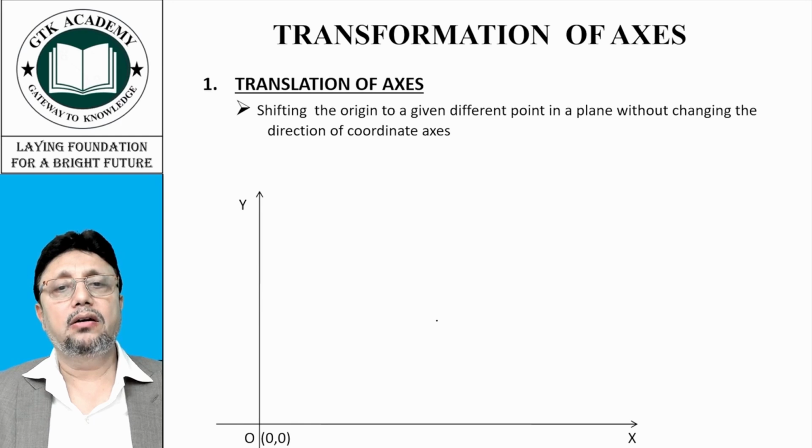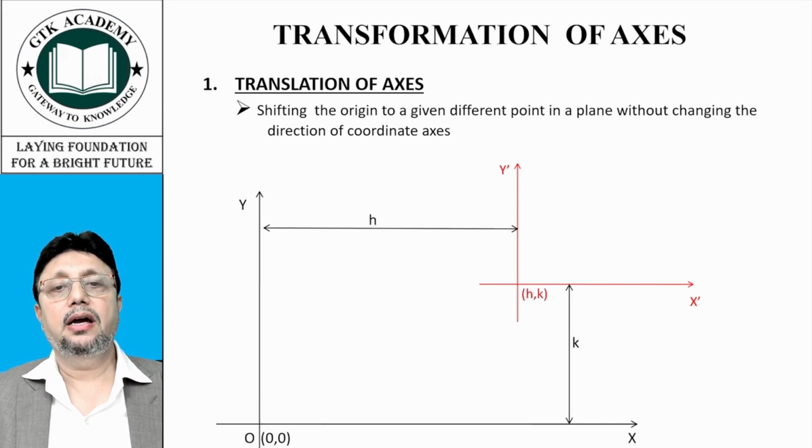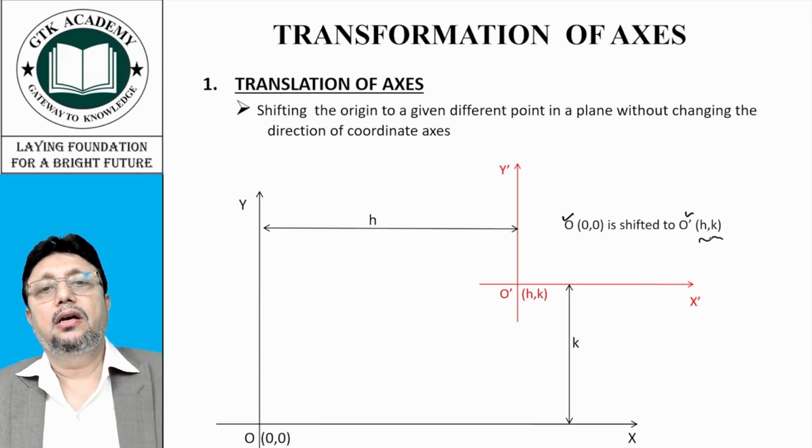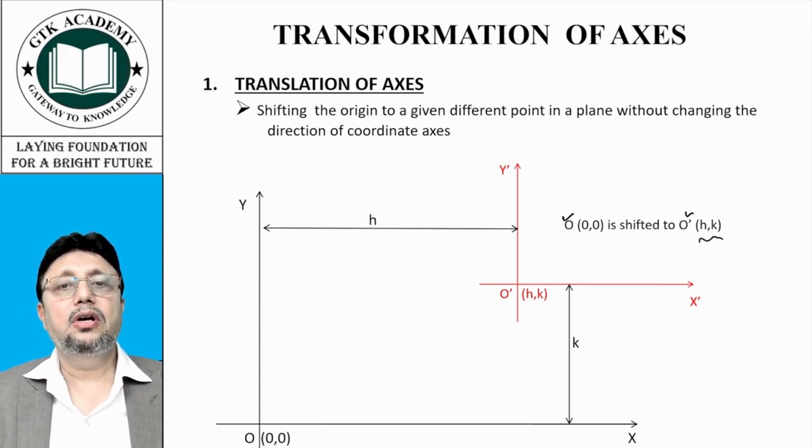If you take the axes parallel to themselves and shift the origin to another place like this, to a point (h, k), so this becomes k and this becomes h, and then this is your new origin, O dash. So the origin O is shifted to O dash, that means (h, k). This process is called translation.